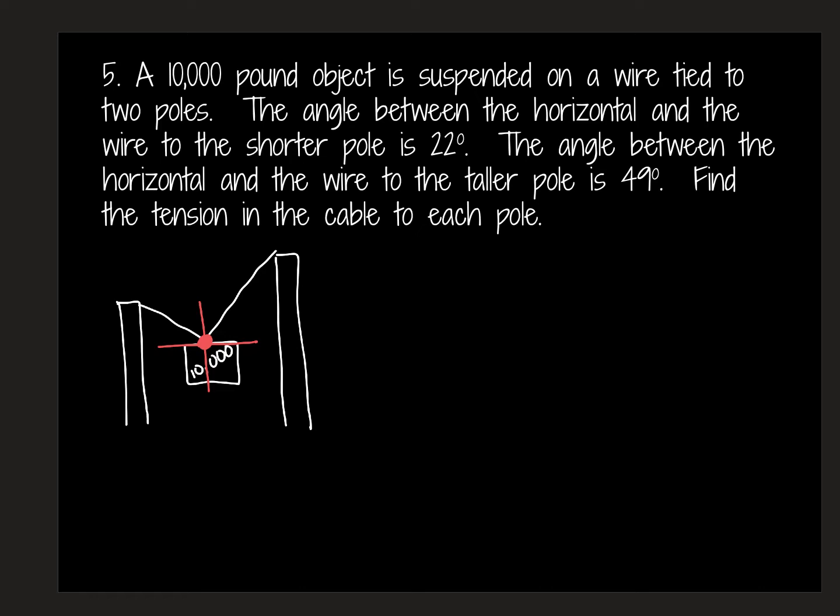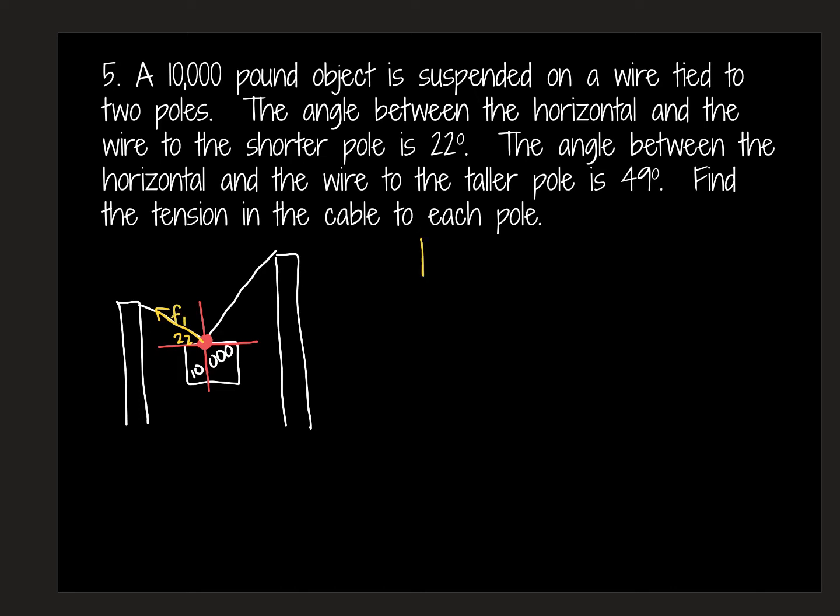We have the wire to the shorter pole, which makes a 22 degree angle here. So that is, let's call it force 1.